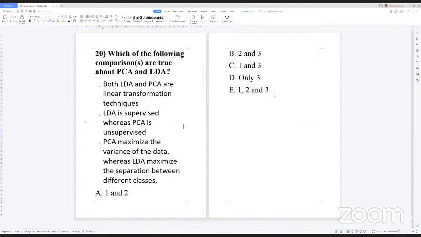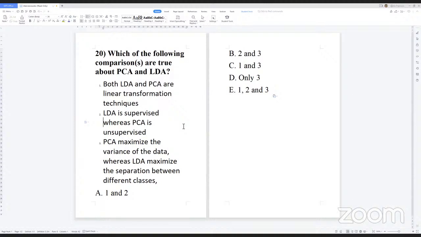So you can see the next question on the screen. Question number 20. Which of the following comparisons are true about PCA and LDA? Condition 1, both LDA and PCA are linear transformation techniques.